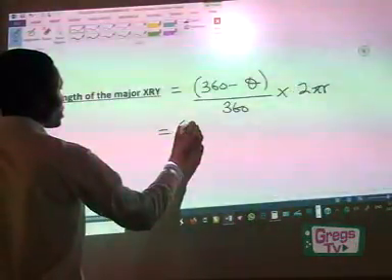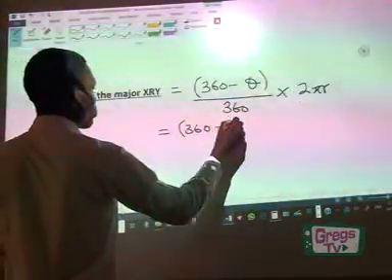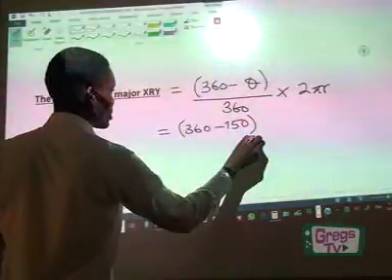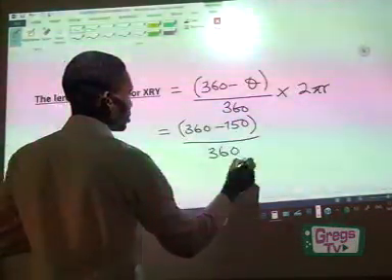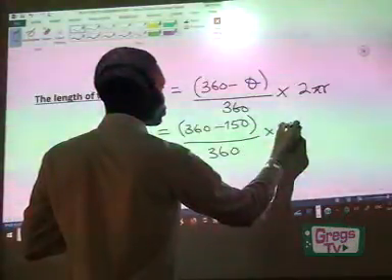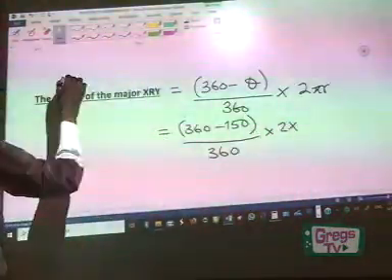That will give you 360 minus the 150 given, which is that of the minor arc, times 2 times any condition. Let's find out.